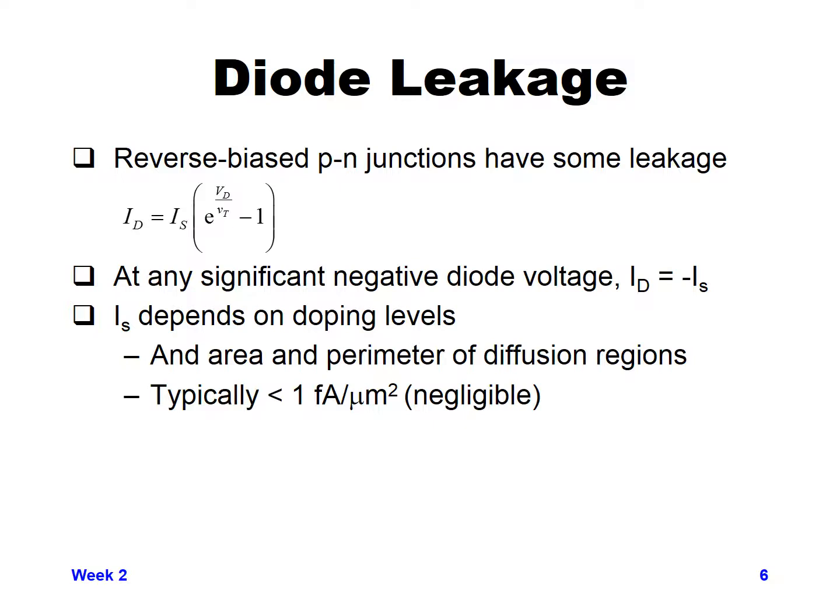VT is our thermal voltage, typically for silicon at room temperature, that's 25, 26 millivolts. That factor minus 1 times IS.